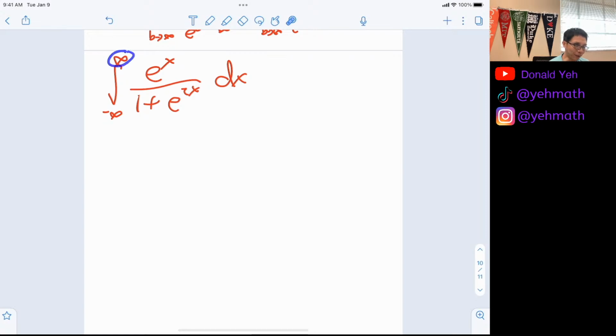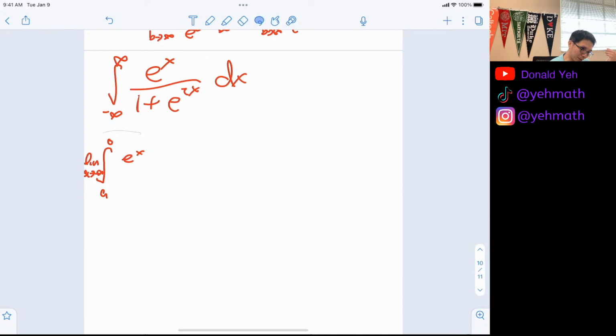So if you have infinity and negative infinity, now you have to break it into two separate integrals. Remember we talked about if it's negative infinity to infinity, it has to be a continuous function. This is a continuous function, so you can actually break this into two integrals. So the integration from negative infinity to 0 of e to the x. Well, actually, let's say it's a. We're going to say limit as a approaches negative infinity, so that way I know it's going from negative infinity.